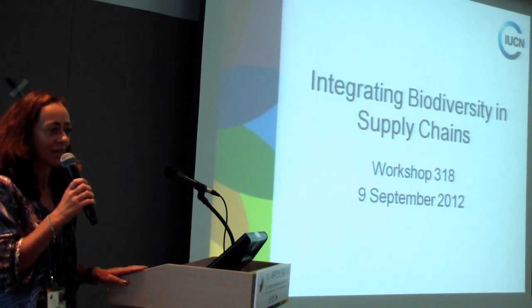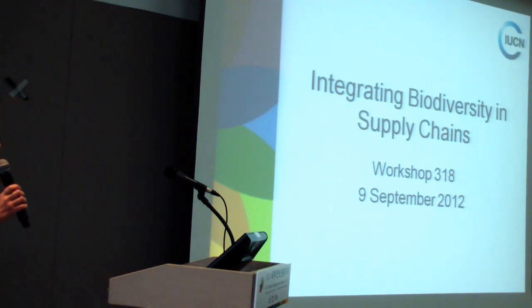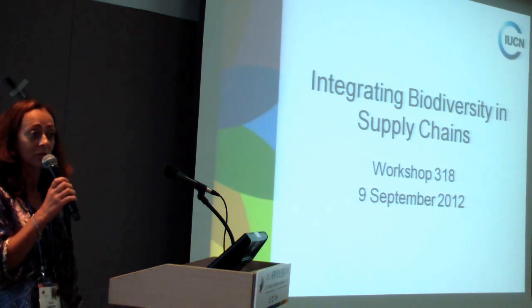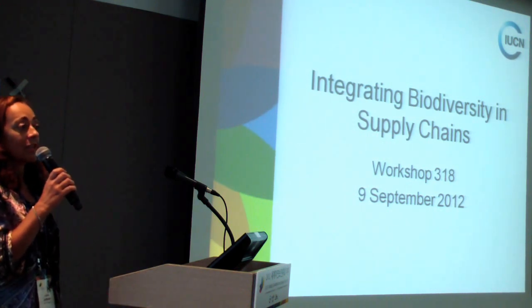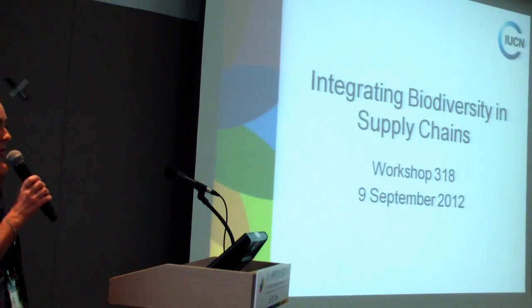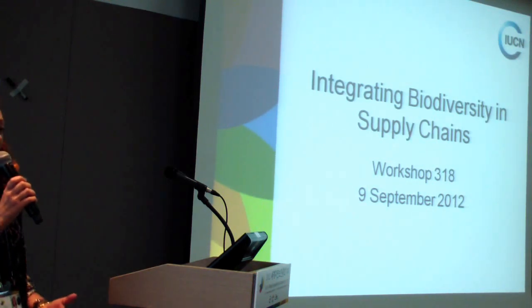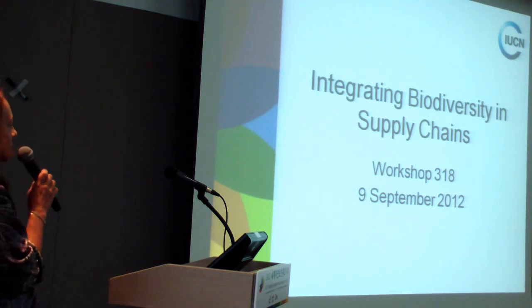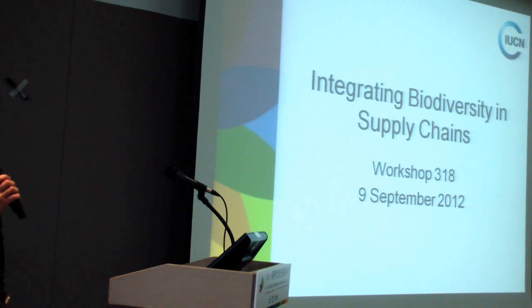We all agree now that managing indirect impacts, or what they call scope 3, is an absolute requirement for management and reporting. So the issue we wanted to discuss today is not if scope 3 or supply chains need to be managed, it's how.